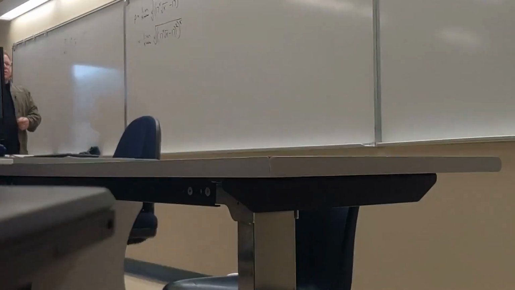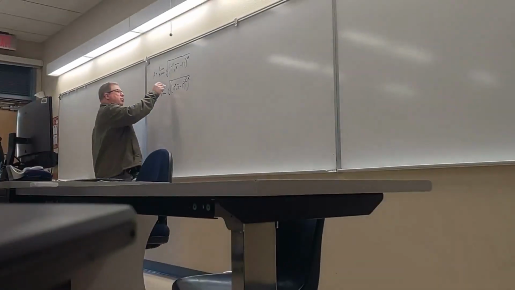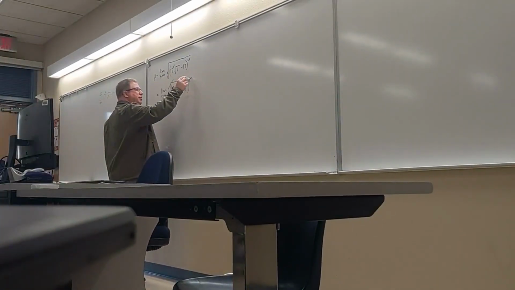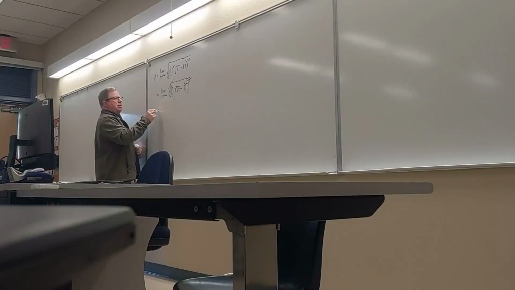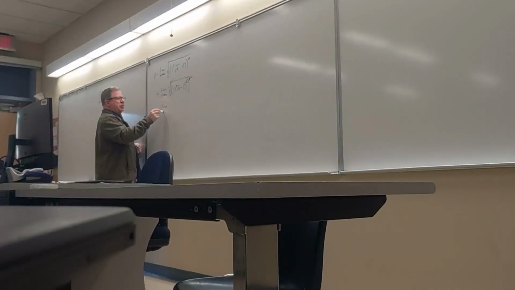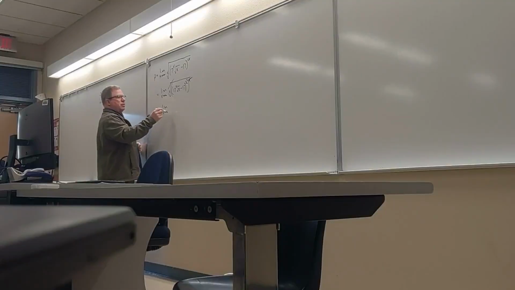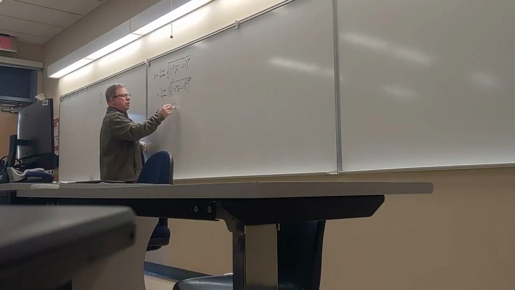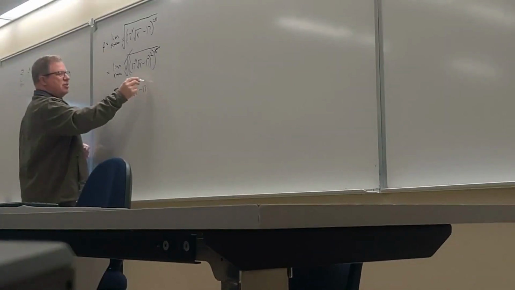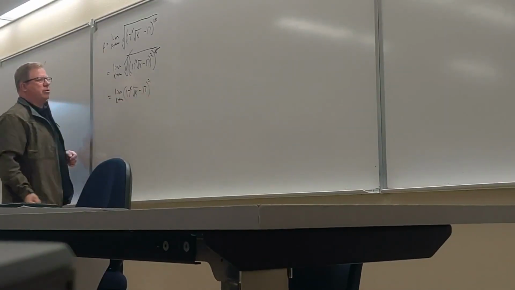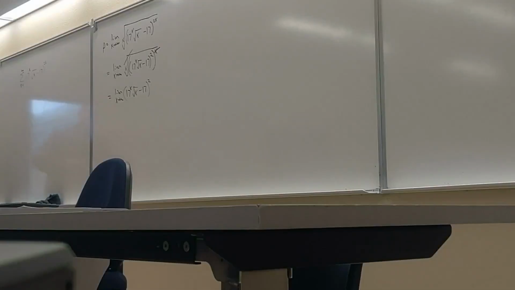Now that kth root will cancel out that k. And we have the limit as k goes to infinity of 17 to the k square root k minus 17 squared.